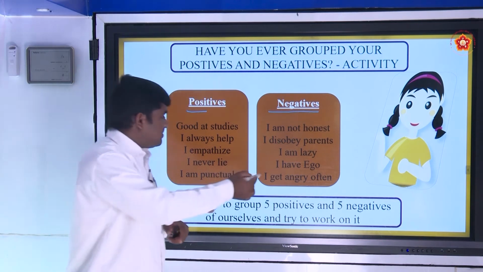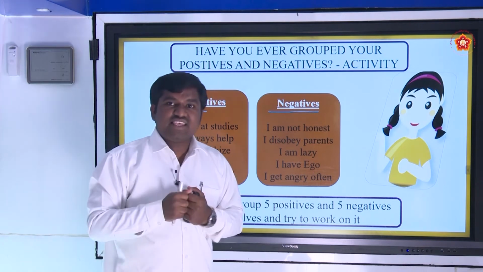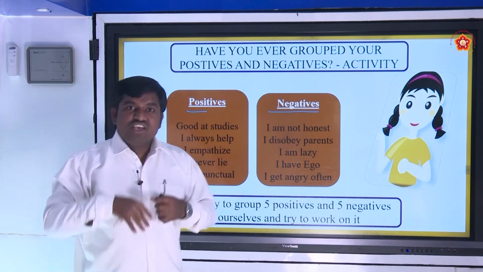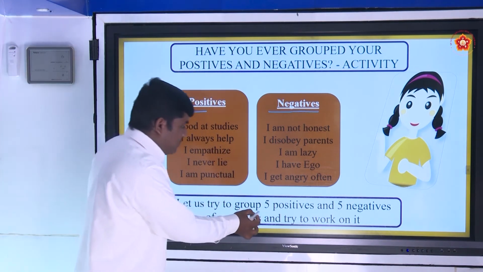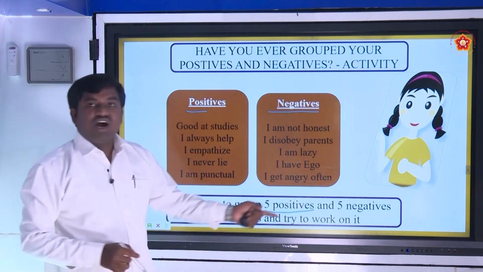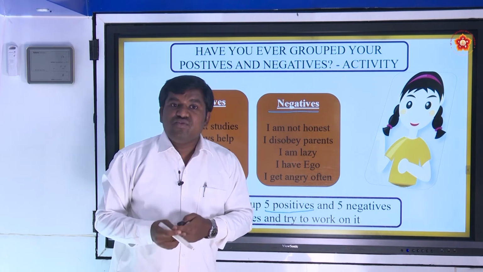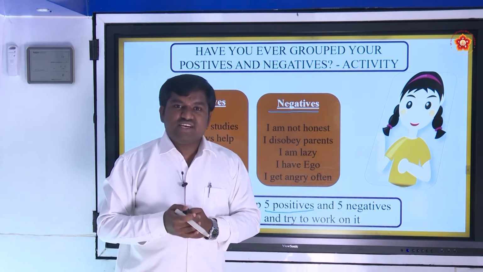If your negatives have converted to positives, then you are strengthened and improved. Otherwise, you can keep working on it. So let us try to group 5 positives and 5 negatives of ourselves and work on them. In this way also, regrouping helps us.